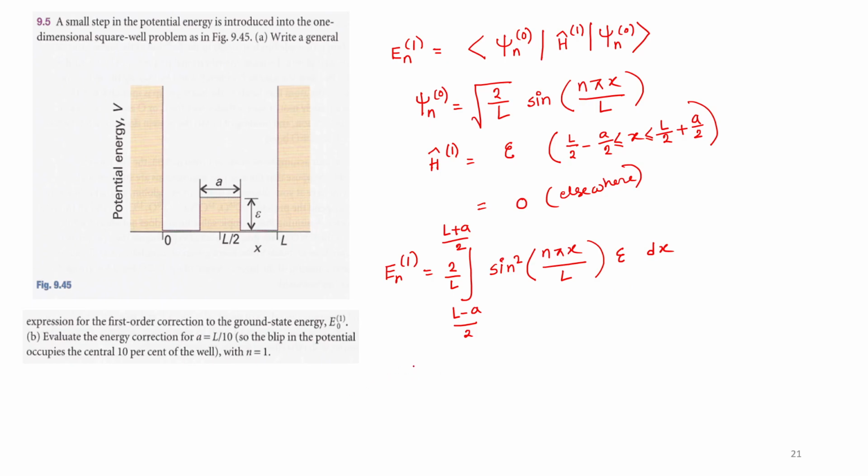And you already know epsilon is constant, so you can take this thing outside. This is L minus A by 2, this is L plus A by 2, and actually you can take these two inside and make this 2 sine square n pi x by L as 1 minus cos 2n pi x by L, right? Dx.